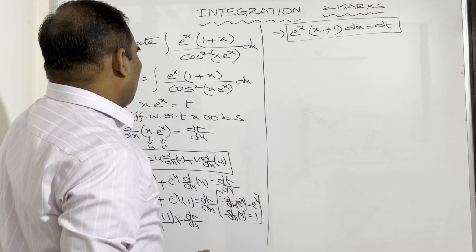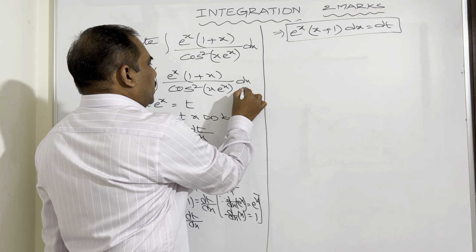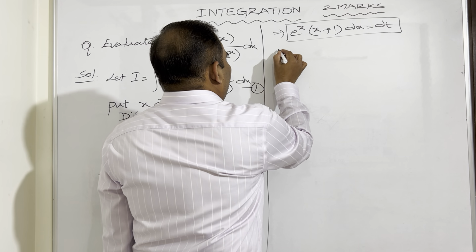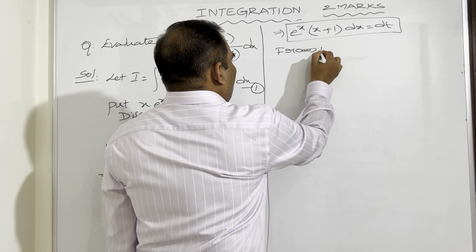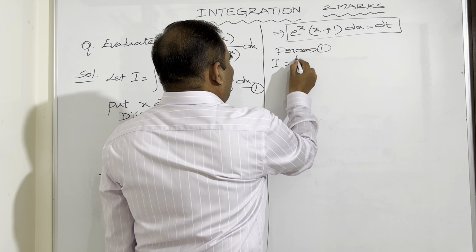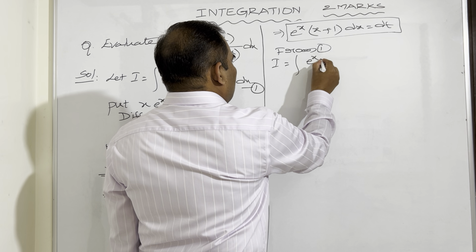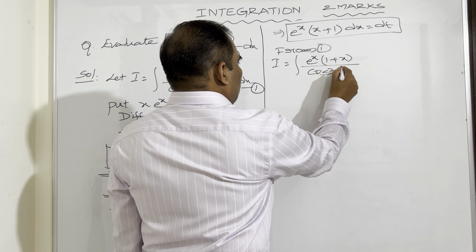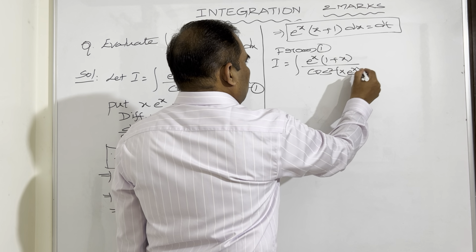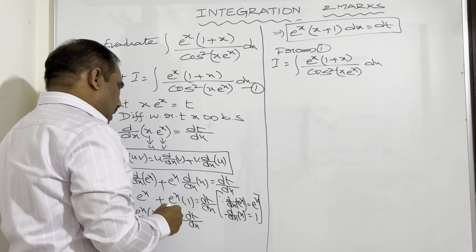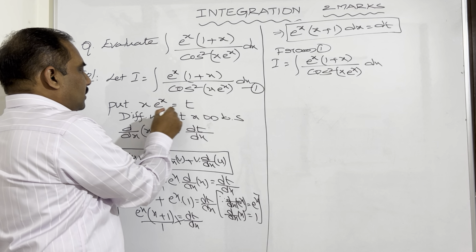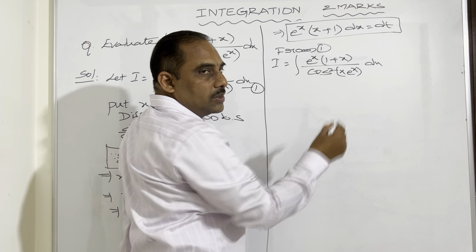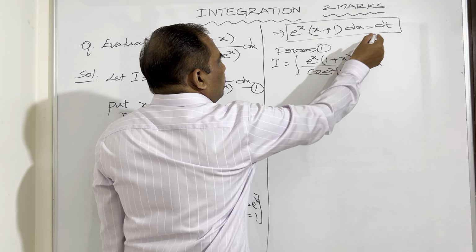Now taking the given integral, call it 1: I is equal to integral of e^x (1 + x) divided by cos²(x e^x) dx. Here we have taken x e^x equal to t, and we get finally e^x (x + 1) dx is equal to dt.